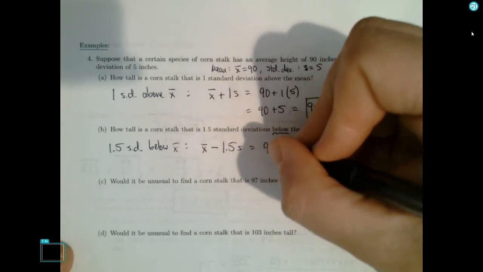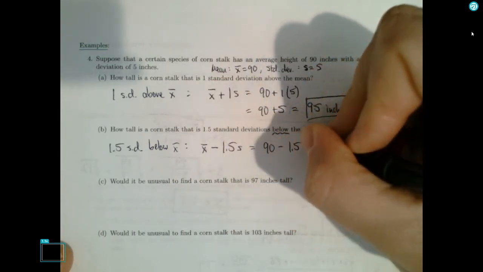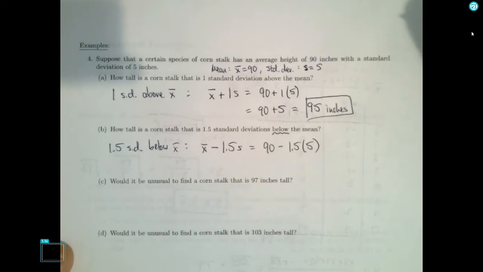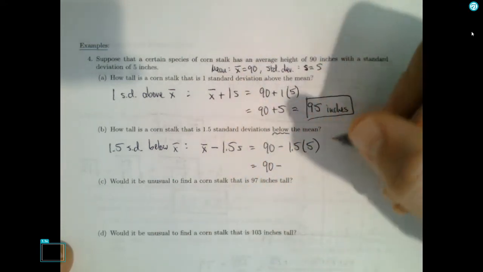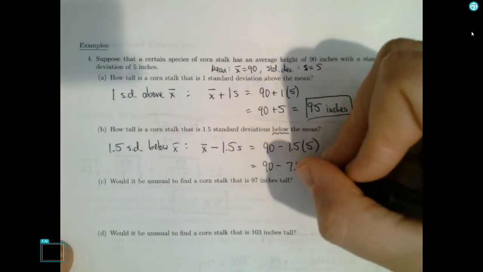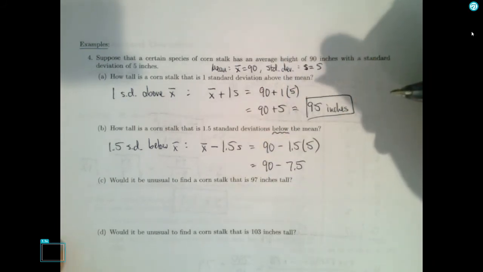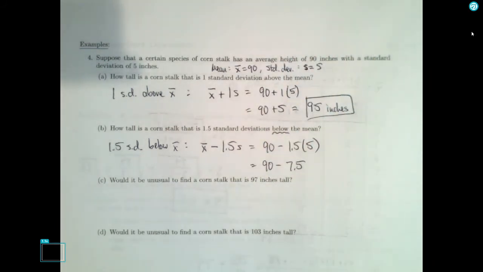So that would be 90 minus 1.5 times 5. Or in other words, 90 minus 7.5. 82.5, I think. Yeah.